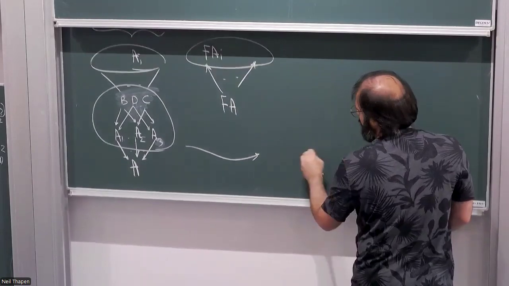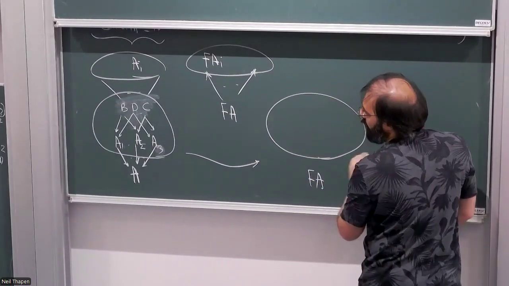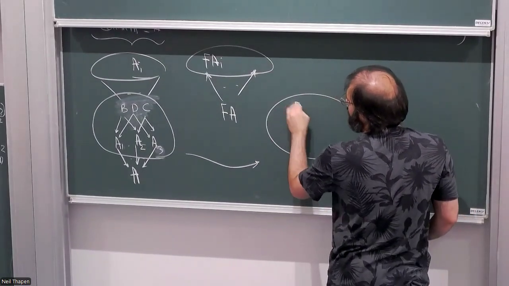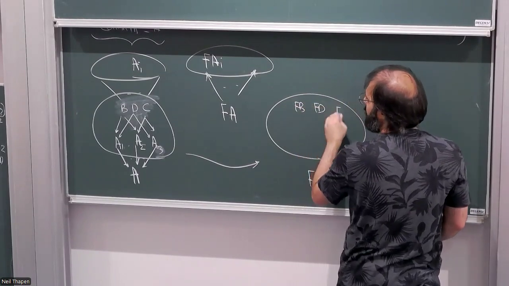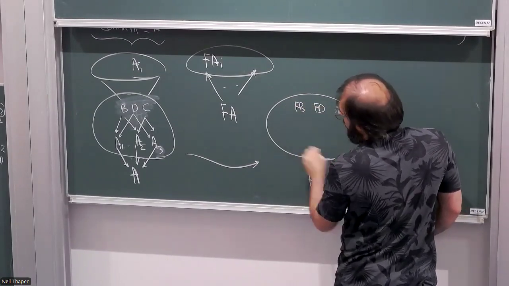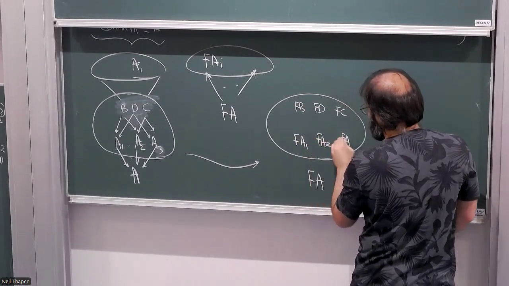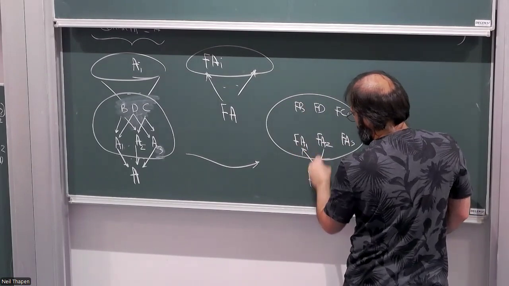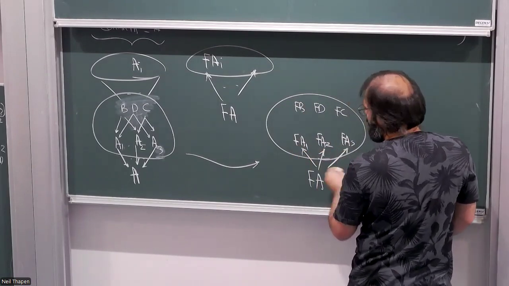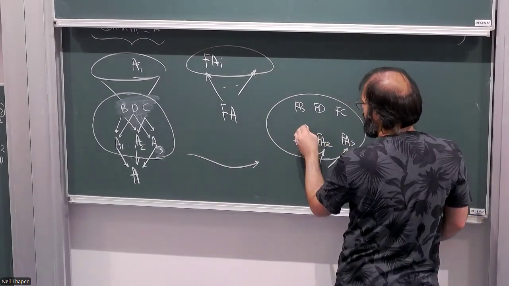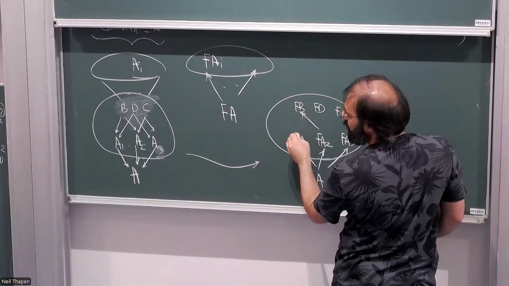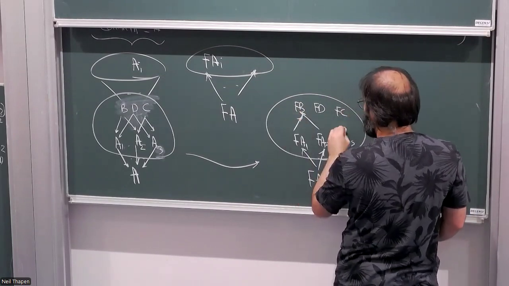So let's make it F long. What is it? F of B, F of D, F of C, F of A1, F of A2, F of A3, these maps, and say these things. Maybe I'm wrong, but who cares, right?